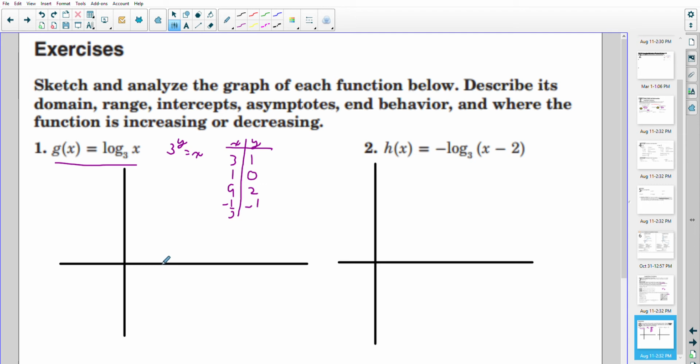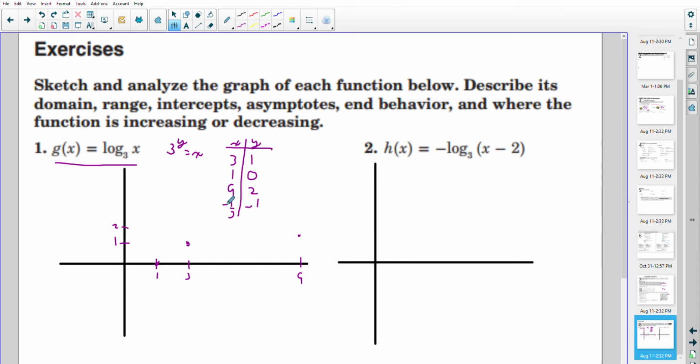Okay, so let's go ahead and graph this. Let's see, (1, 0), (3, 1), (9, 2), and this last one, negative 1/3, negative 1.